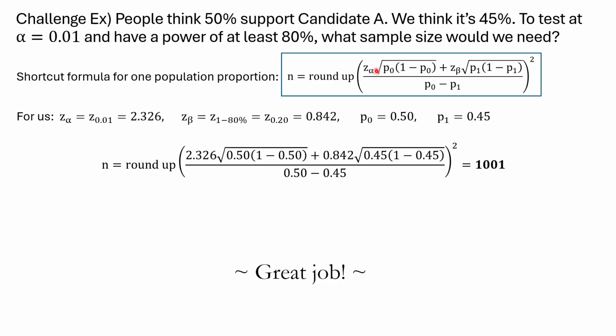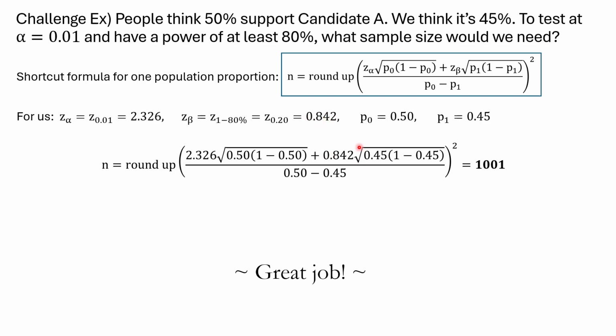Okay, so here we have Z alpha is Z of 0.01, which is 2.326, that's right here. Then we have the square root. P0 is in the problem 50%. In the null hypothesis, we think it's 50%. So 0.5 times 1 minus 0.5 inside this square root. Then plus Z beta. We want a power of at least 80%, so we'll make our cutoff Z of 0.2, or Z score of 0.842 standard deviations above the mean.